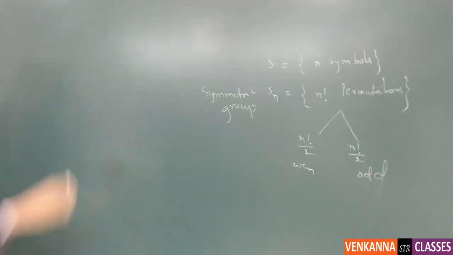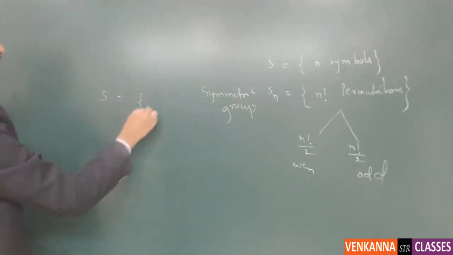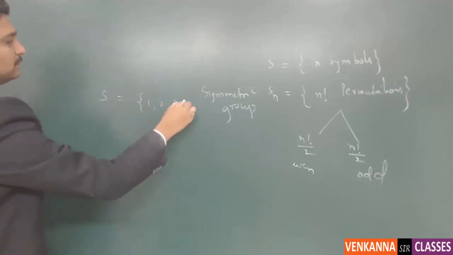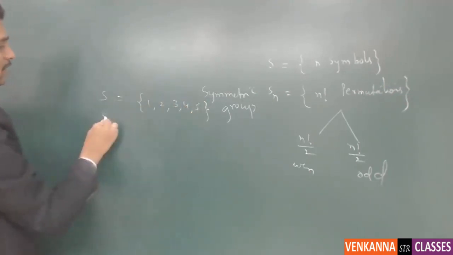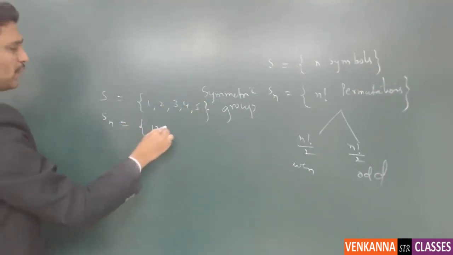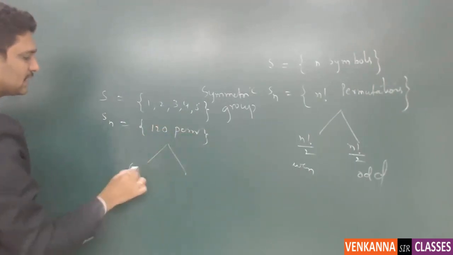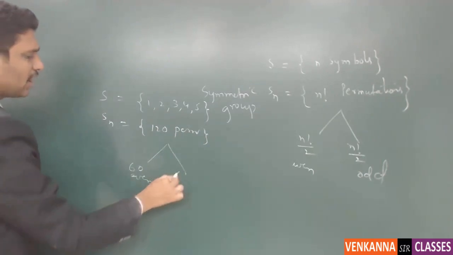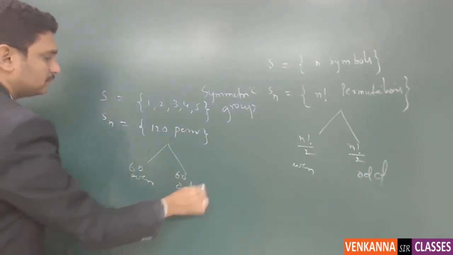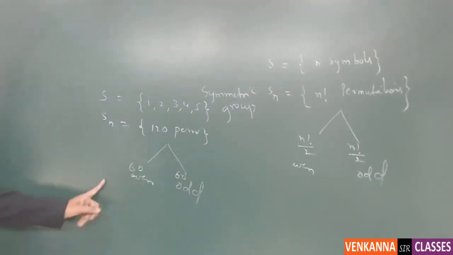Suppose S has 5 symbols. Then Sn is nothing but 120 permutations. Among these, 60 are even and 60 are odd. Did you get it now?